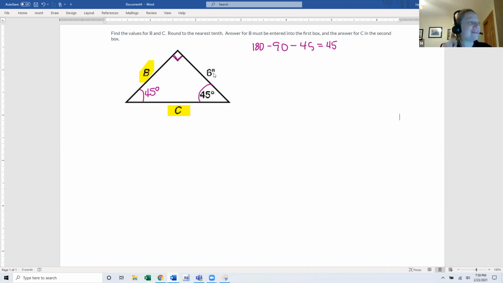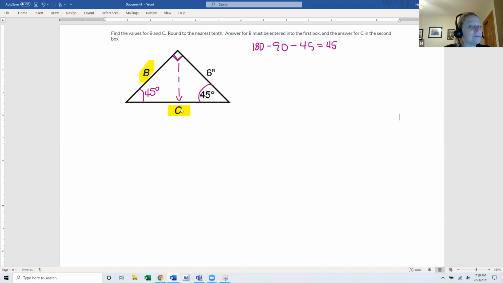The other thing on this particular triangle, because this is another special one, is that the 45-45 right triangle tells us something about the two sides and the hypotenuse. So we know that the hypotenuse is big C, right?